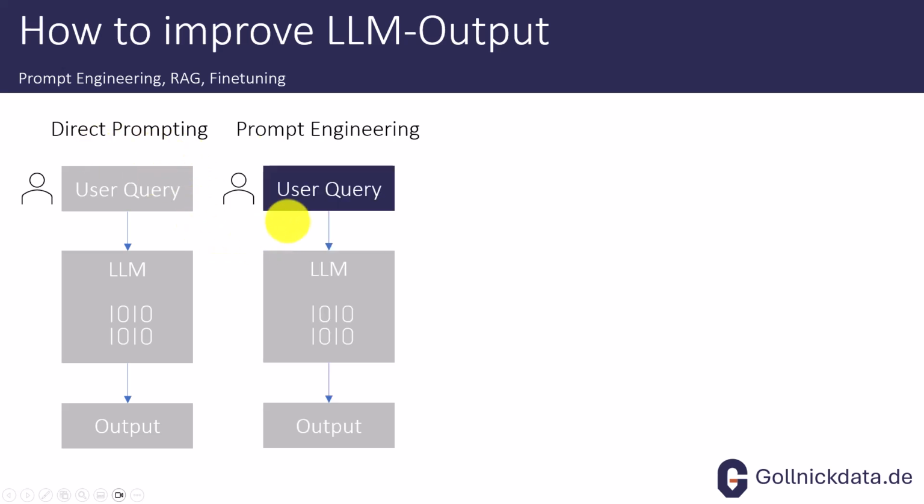So the first thing would be that you want to improve it by modifying at the beginning of this chain. The chain is that you have the user query, it's passed to the LLM, and the LLM is providing some output. So one thing would be that the problem is at the beginning of the chain.